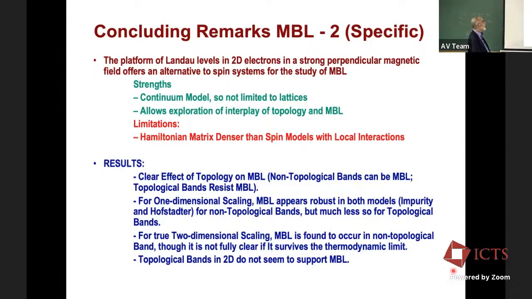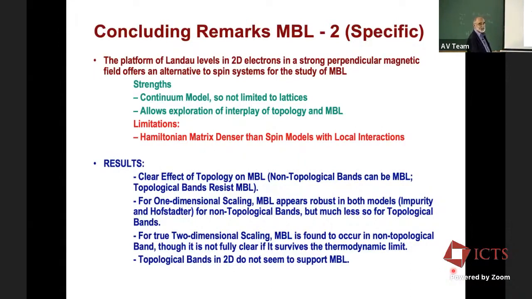It's more hard work. The strength is that you can have a continuum model, so it's not limited to lattices, whereas spin models are limited to lattices. So once you go to higher dimensions, you're going to have the same problems with spin models as you have with lattice periodic potentials here, whereas we don't need to do periodic potentials and get the physics out.